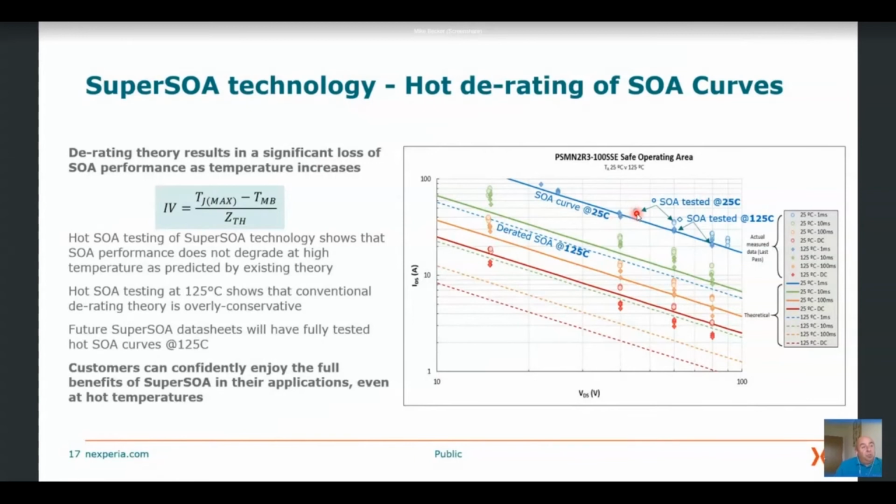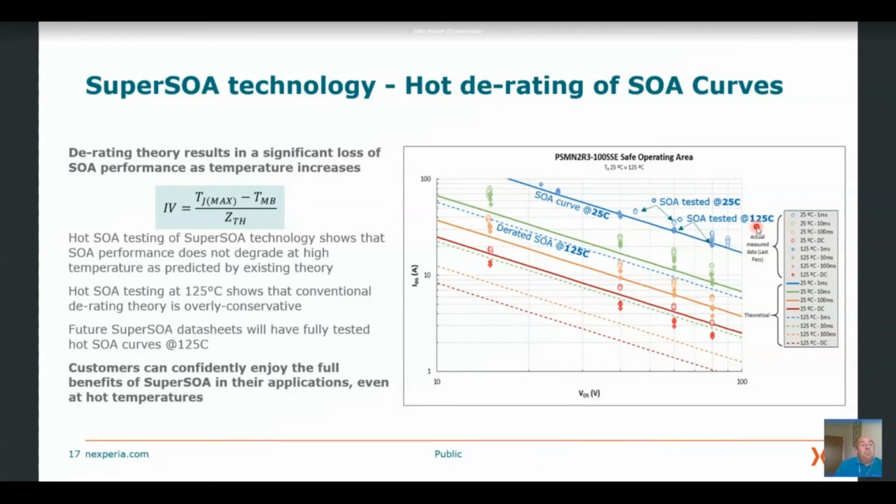The circles correspond to the measurement data that we would test in the lab, and each of these circles corresponds to a device that we've tested to destruction, and this was the last point that the device passed the test before it failed. So ideally an SOA curve, because it's inherently safe, should really be below these data points, because that's the last point before the device failed.